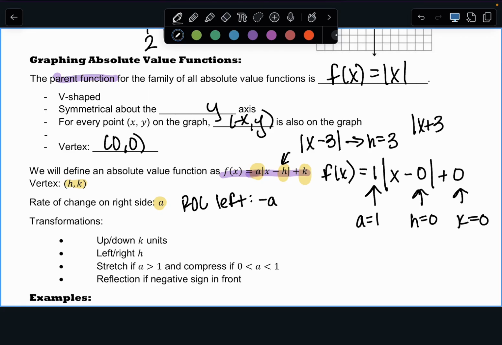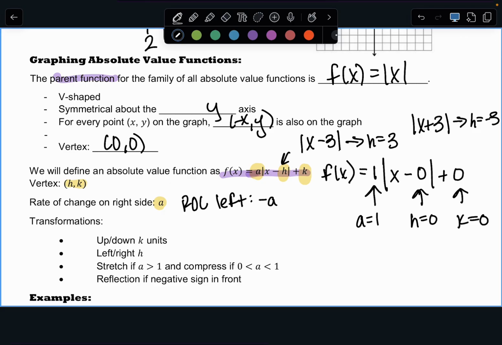So, for example, if it was absolute value of x plus 3, what's my H value here? What number are we subtracting? Negative 3. Perfect. So just watch your signs on H only. You basically flip the sign that you see in the equation. Flip it, that's your H value.